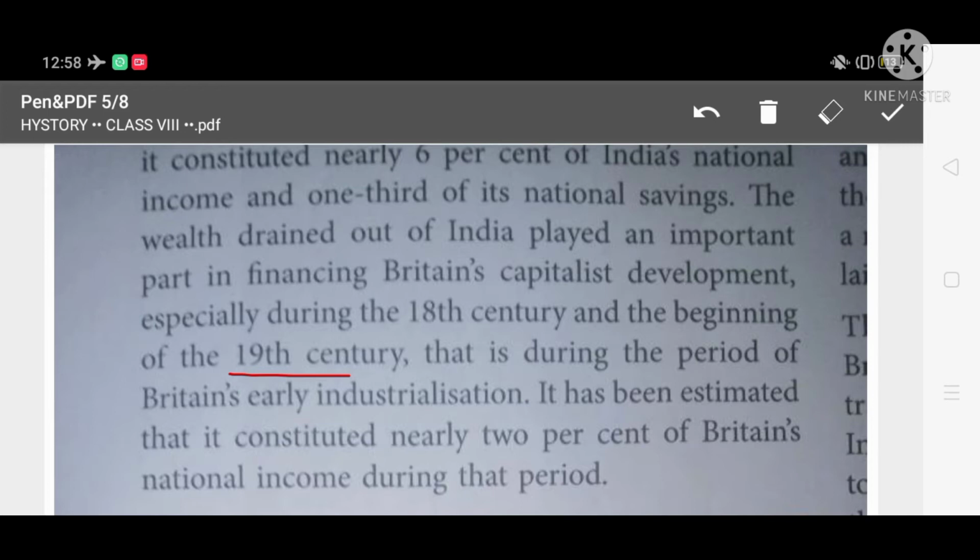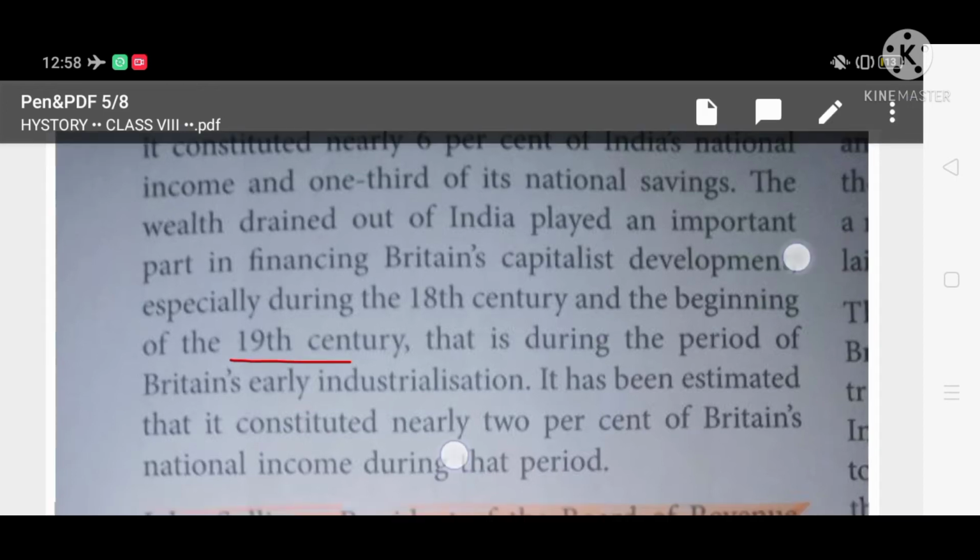Yes, we have done this in chapter 1, but I haven't uploaded that. It has been estimated that it amounted to nearly 2% of the British national income during that period.